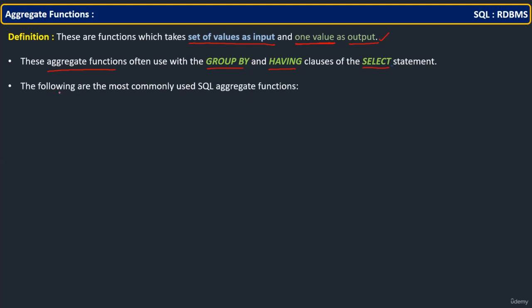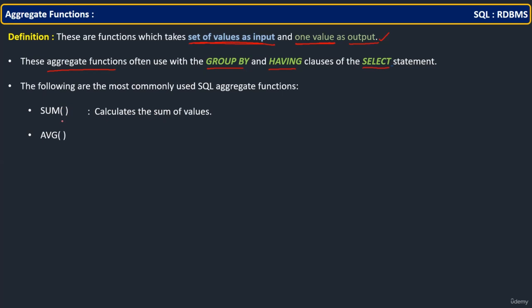Now what are all the aggregate functions? Let us see in a simple manner what we have. The first one is sum. These are not big things. As the name implies, we can understand it in a very simple manner. Sum calculates the sum of values. We give a set of values, so it will simply sum all the values in that set.